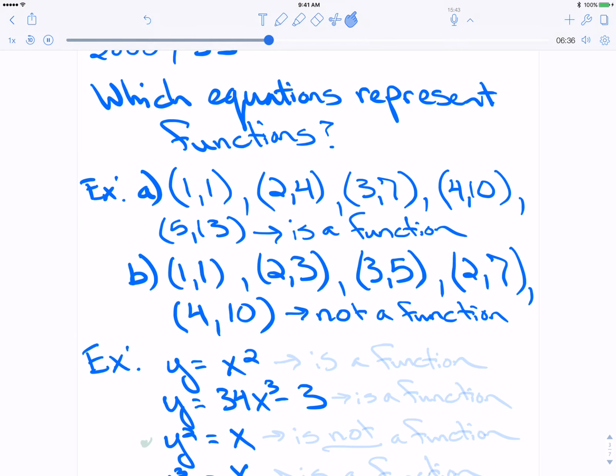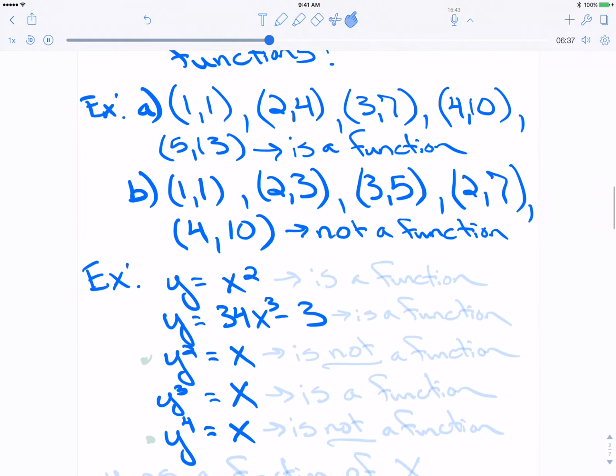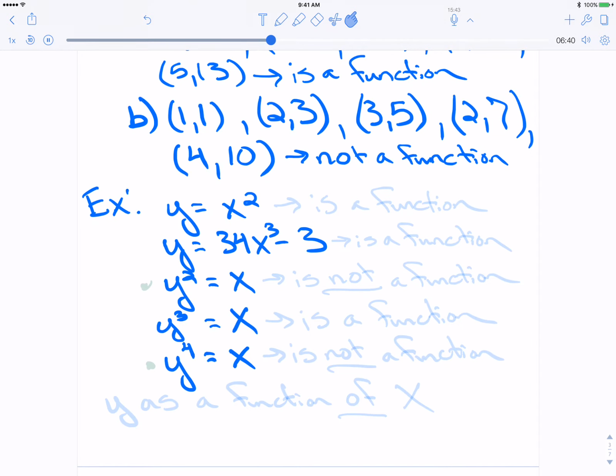What about equations? So y equals x squared. Is there any point when you could plug in a value of x and get more than one value of y out of that equation? No. Any x that you plug in will be squared and will give you a specific value. It will not give you multiple values.